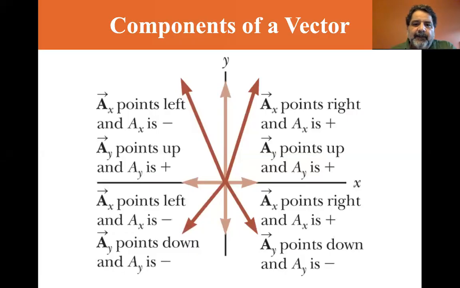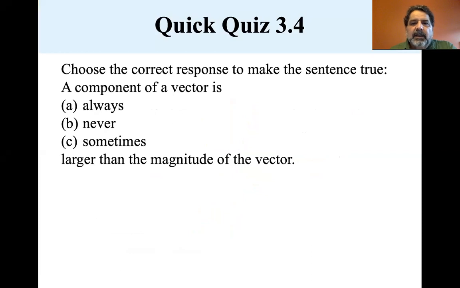Okay, let's go back to the PowerPoint, and let's take a little quiz. Choose the correct response to make the sentence true. A component of a vector is always, never, sometimes larger than the magnitude of the vector.